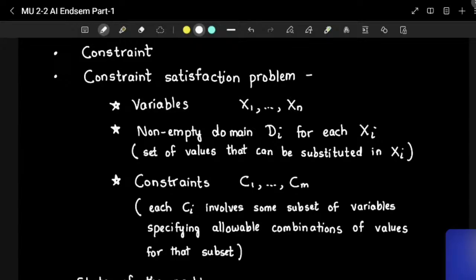And constraints are basically relations over these variables in some form of equality, inequality, or whatever it is. So if you're able to express a problem using variables, domains, and constraints, you will have successfully written down a constraint satisfaction problem.